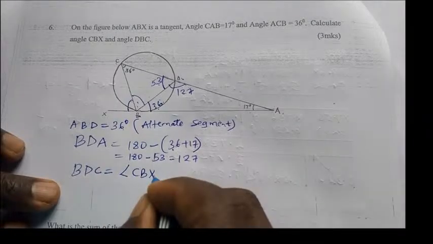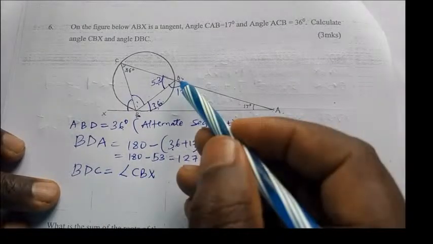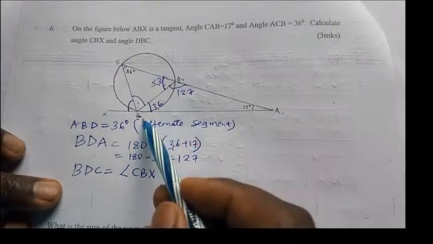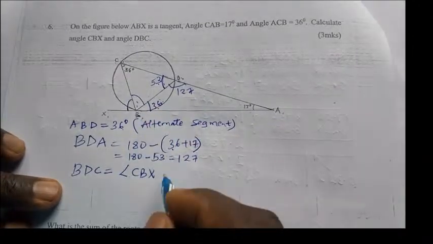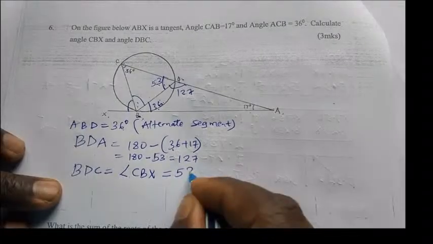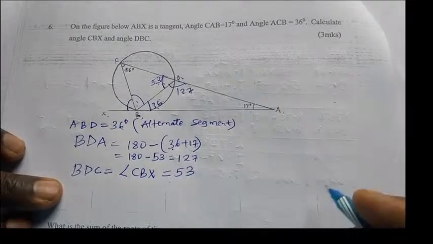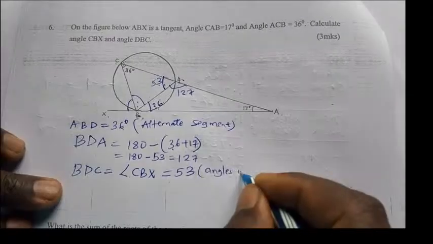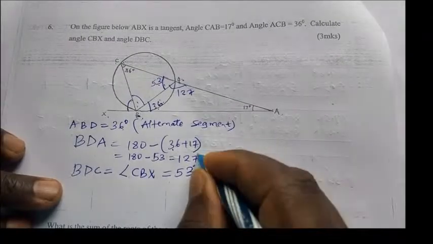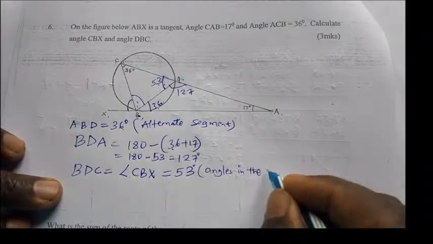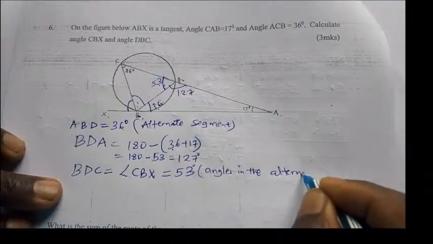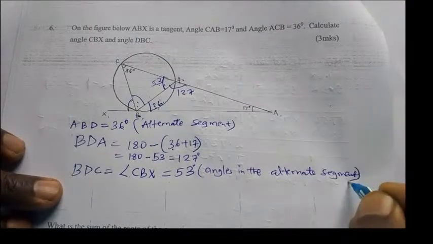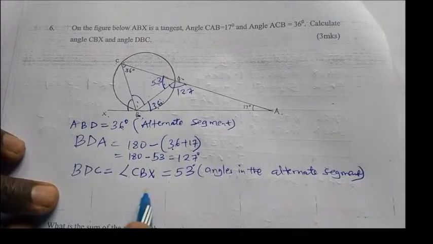Angle BDC will be equal to angle CBX, exactly 103. Why? Angles in the alternate segment are equal. That is the reason. So we have answered that one question.